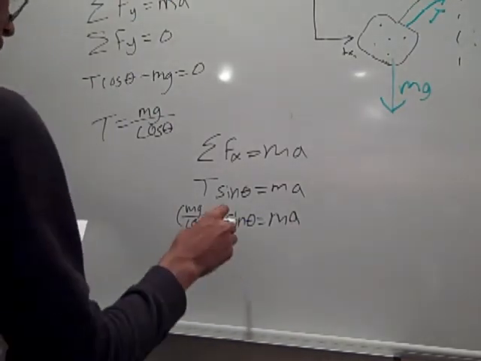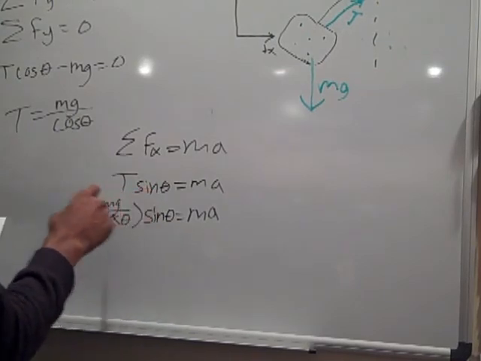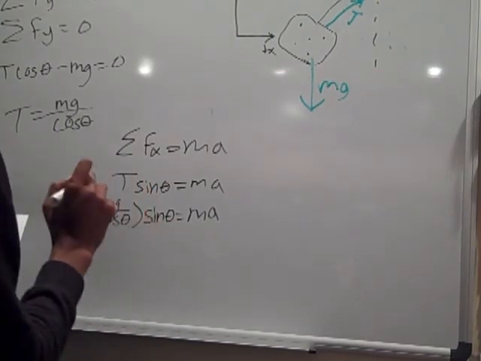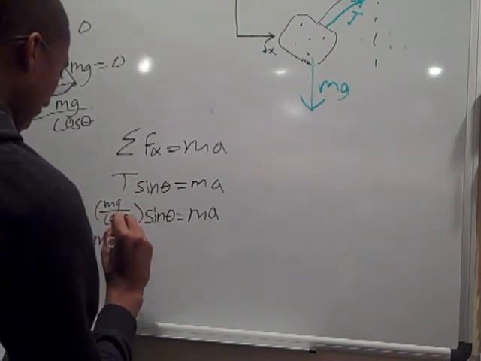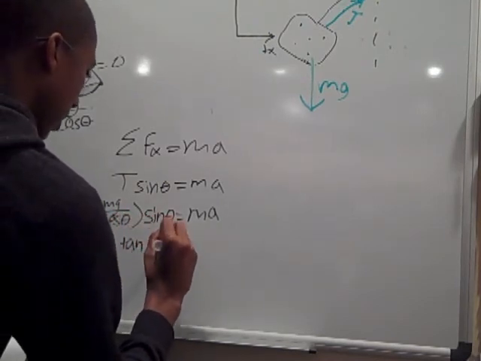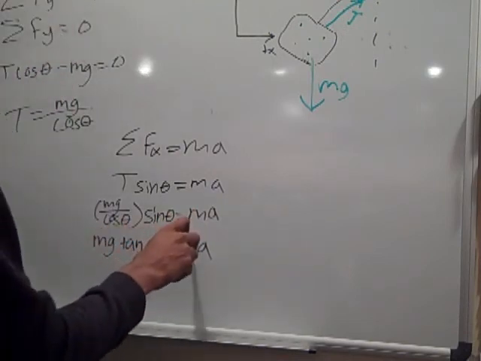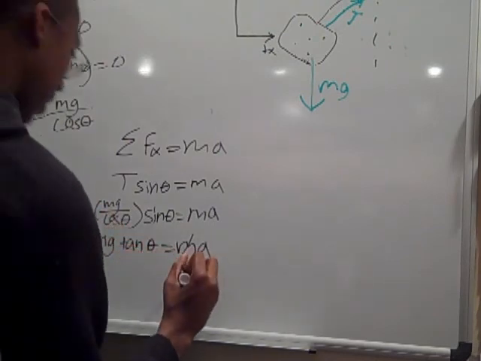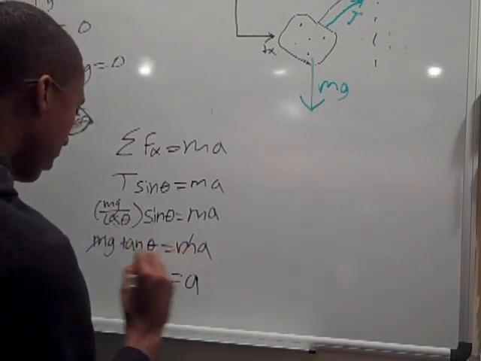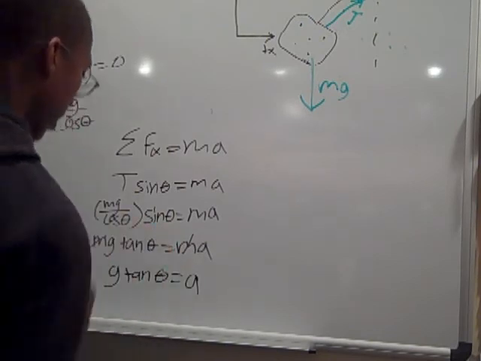And since sine theta over cosine theta is equal to tan theta, it's going to be mg tan theta equals ma. Then you cross out the m from each one, and you are left with a equals g tan theta.